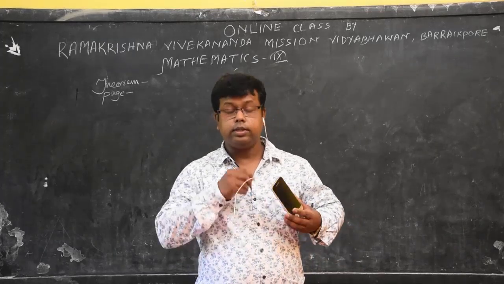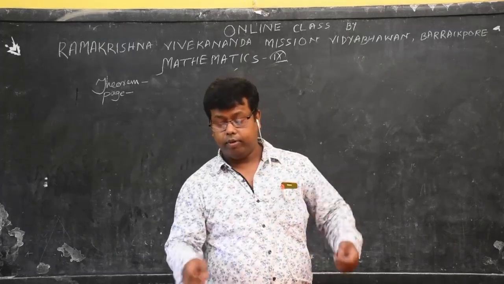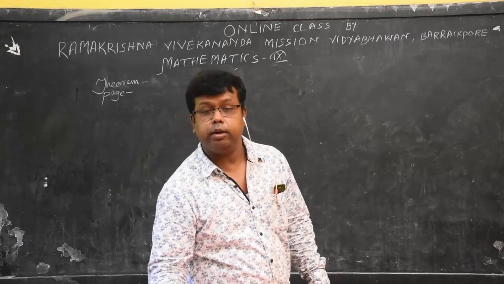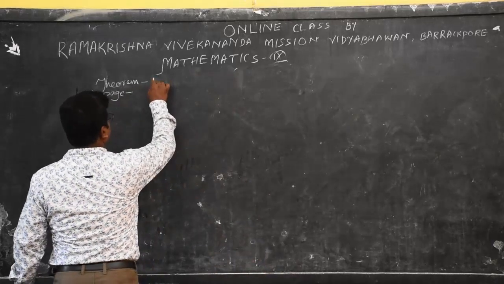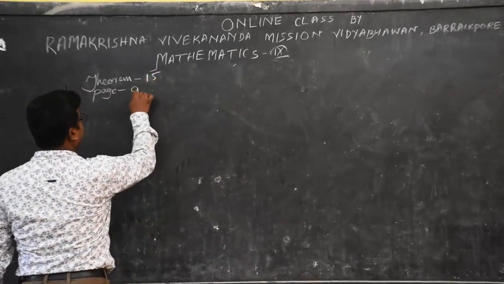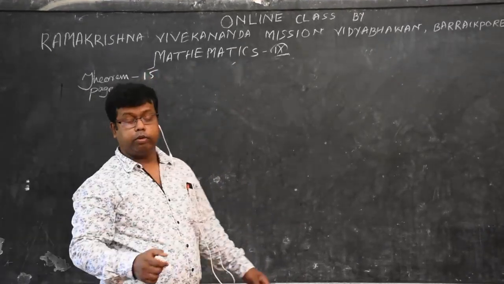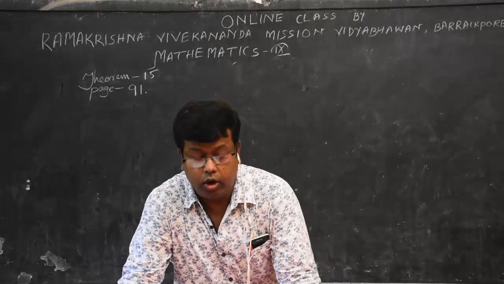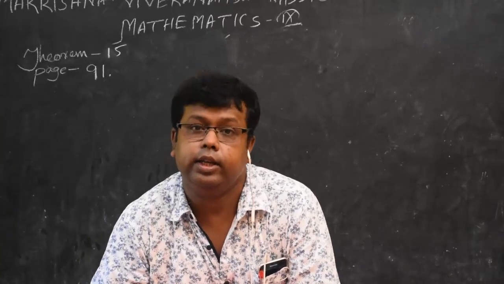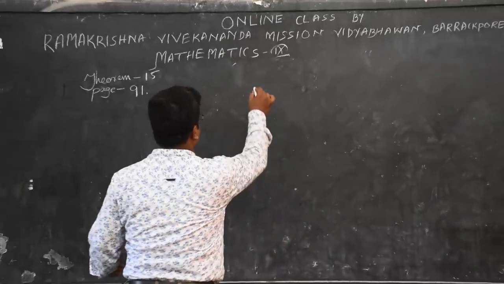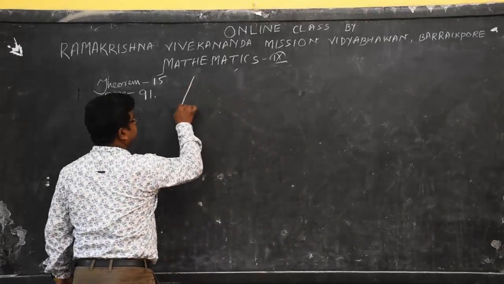Now I shall discuss theorem number 15. It is given on page number 91 in your government book. The theorem is: the diagonals of a parallelogram bisect each other.